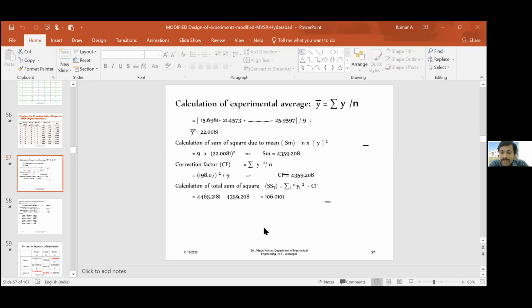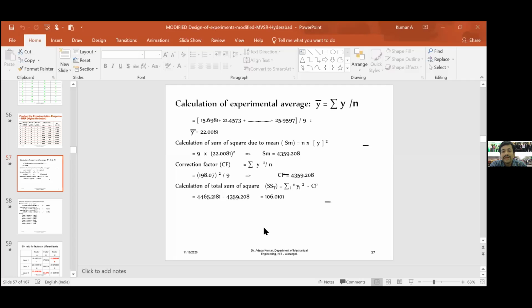Another question by Bibin. He is saying Taguchi is not recommended nowadays. What is the reason behind that? If you are having a larger number of experiments, then it is useful. But if you are not giving any proper reasons after using the Taguchi method in the paper, then people refuse to accept your paper.